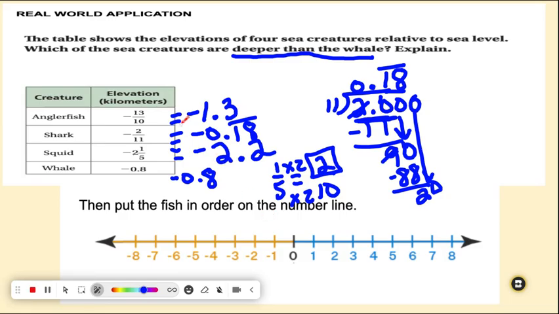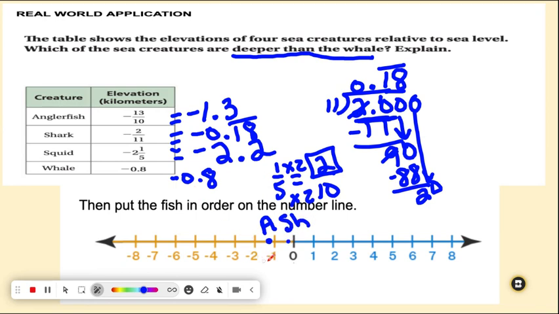So the first one was the anglerfish. So that was negative 1.3. So it's a little bit past the negative 1. I'll just put A for anglerfish. Okay. Negative 2/11 was negative 0.18. So it's a little bit to the left of the 0. And that was a shark.